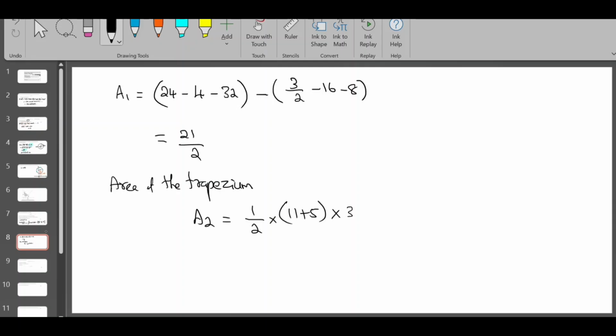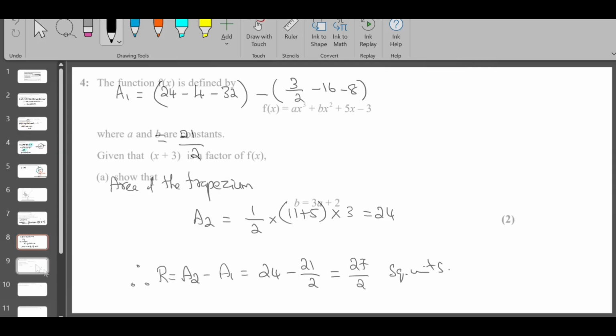This is 16 over 2, you will get 24. Therefore, the required region R is A2, the bigger area, minus the area below the curve. So 24 minus 21 over 2, which is 48 minus 21 is 27 over 2 square units.